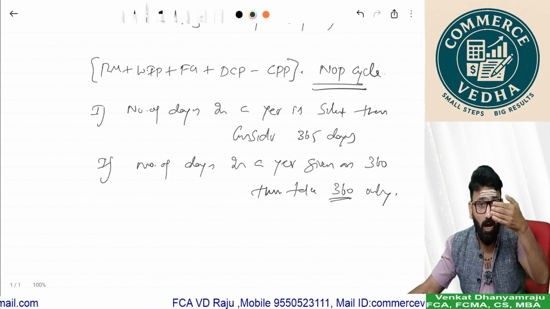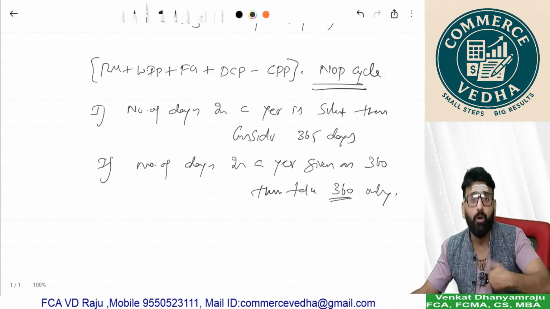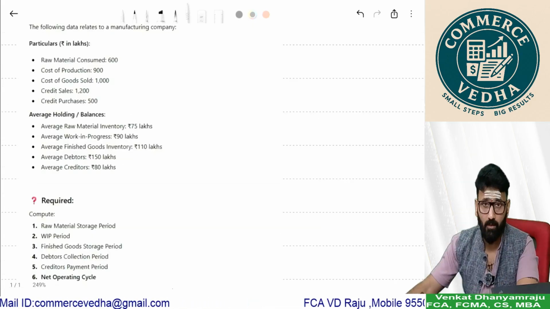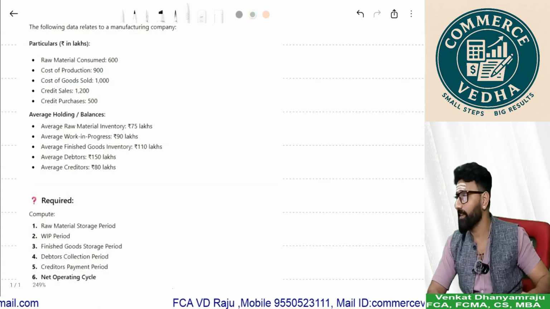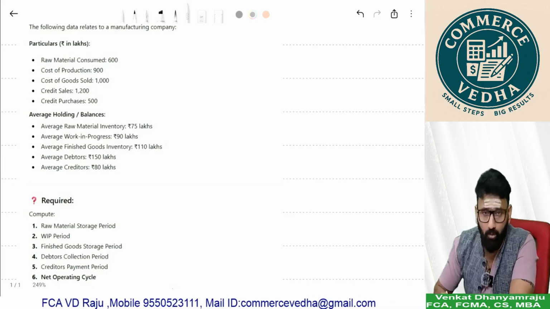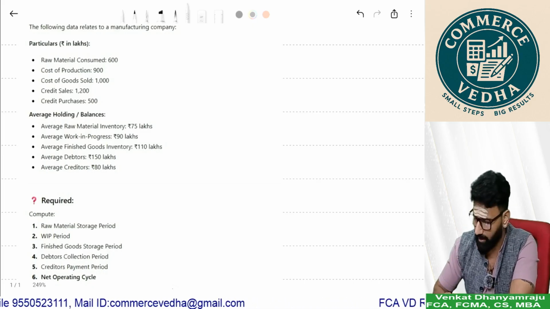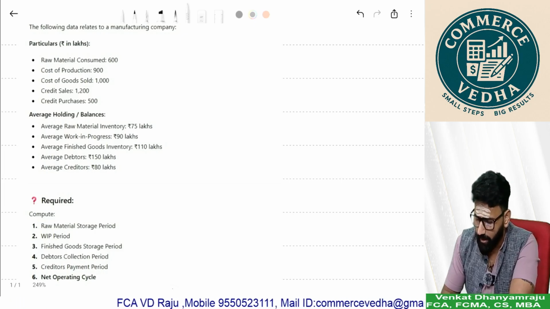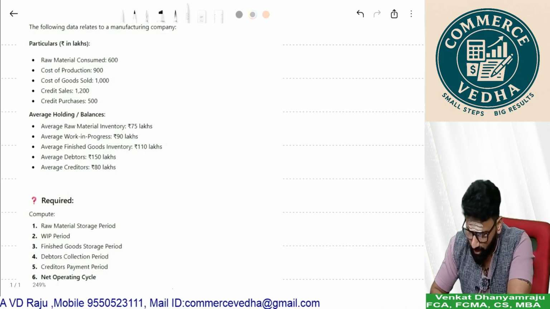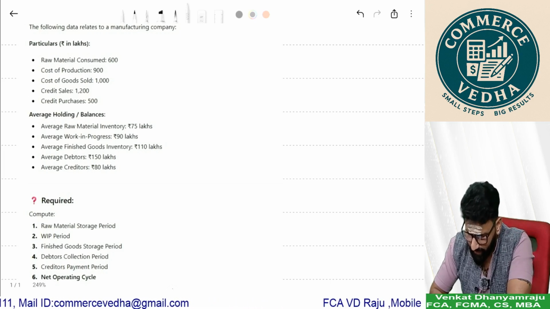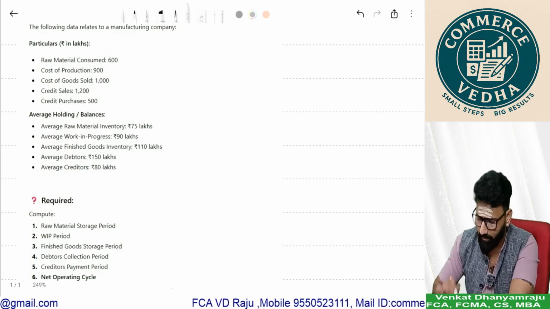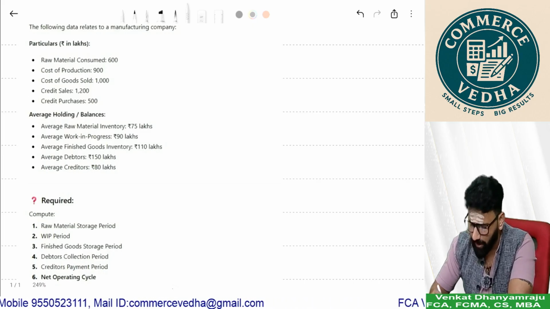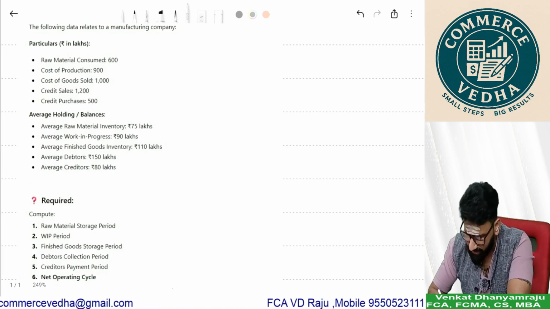This is all about the understanding of how you compute the number of days for each item of the net operating cycle. So as discussed about the operating cycle and its computation, let us see how we compute it if a question comes in the examination and how we present the question in the examination. First, raw material consumed, cost of production, cost of goods sold, credit sales, credit purchases data is given at various levels, and average raw material inventory, average WIP, average finished goods, average debtors, average creditors.